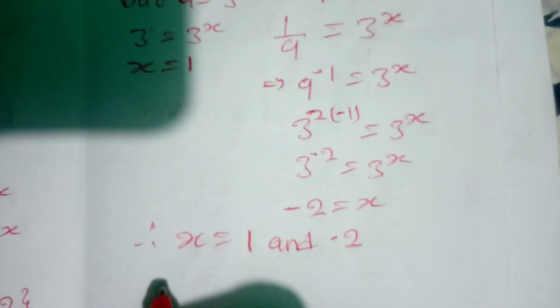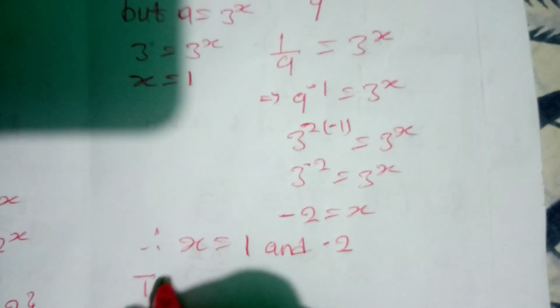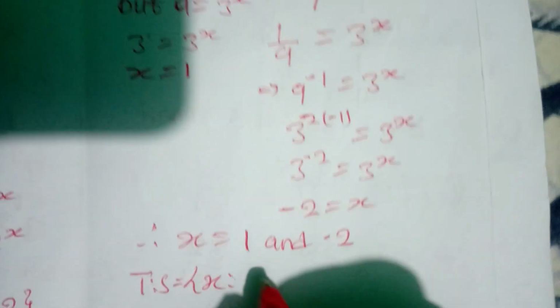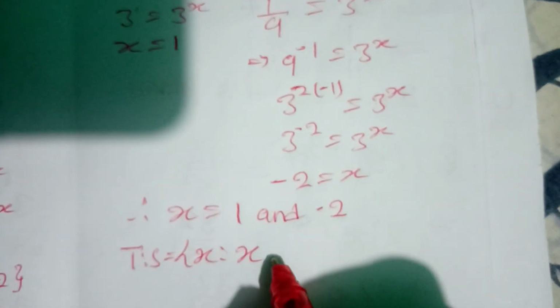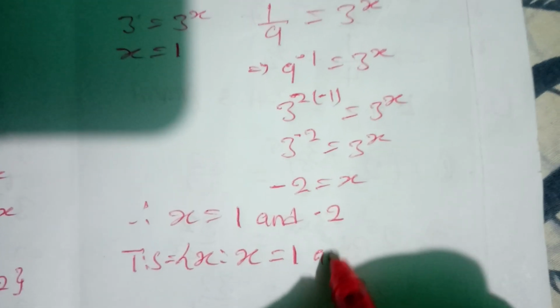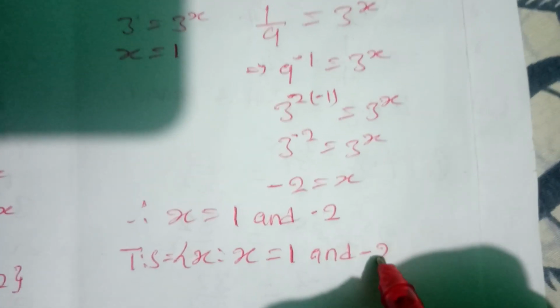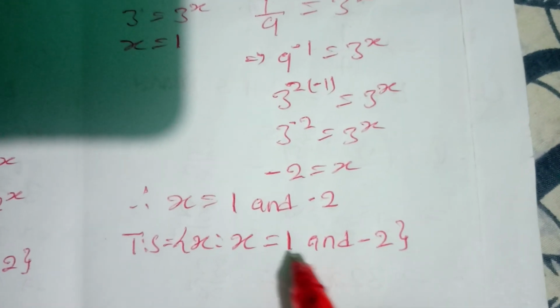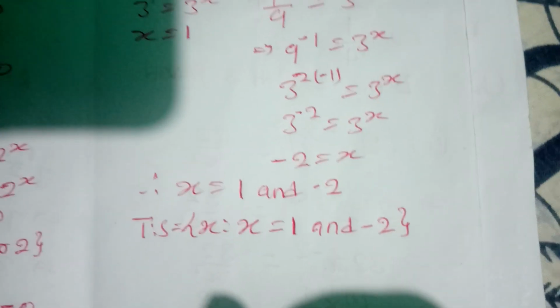So in the truth set, you are going to have s such that s equal to 1 and negative 2. So s is equal to 1 or negative 2.